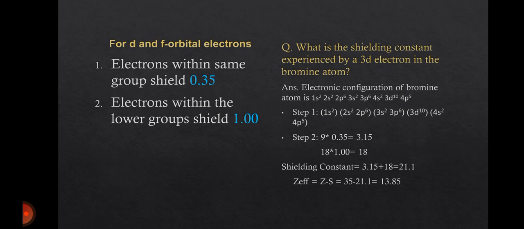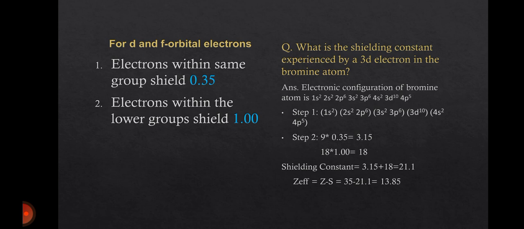First we write the electronic configuration of the bromine atom, that is 1s2, 2s2, 2p6, 3s2, 3p6, 4s2, 3d10, 4p5. According to Slater's rule, we arrange the electronic configuration in groups. So 1s2 in one group, 2s 2p in one group, and like that we arrange the electronic configuration.